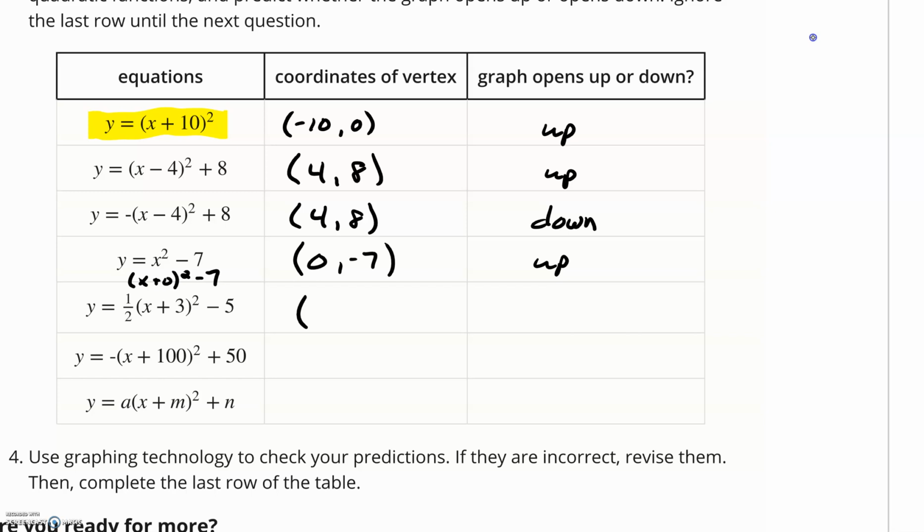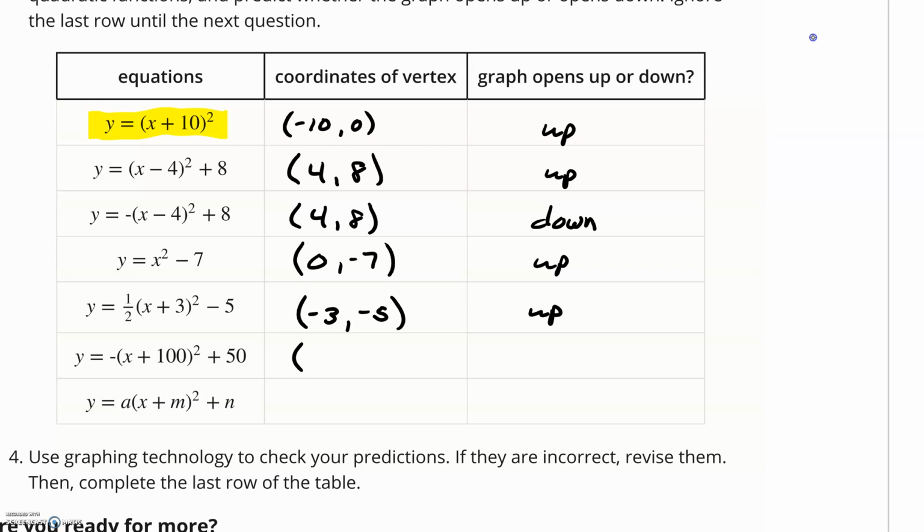The vertex for this next function, what value makes that parenthesis 0? A -3. And then on the outside of the parenthesis is a -5. That's going to move it down 5 units on the y value. So my y value of the vertex is -5. Does this one open up or down? Well, it's a fraction in front, so it's going to be wider, but it's still positive, so it's going to open up.